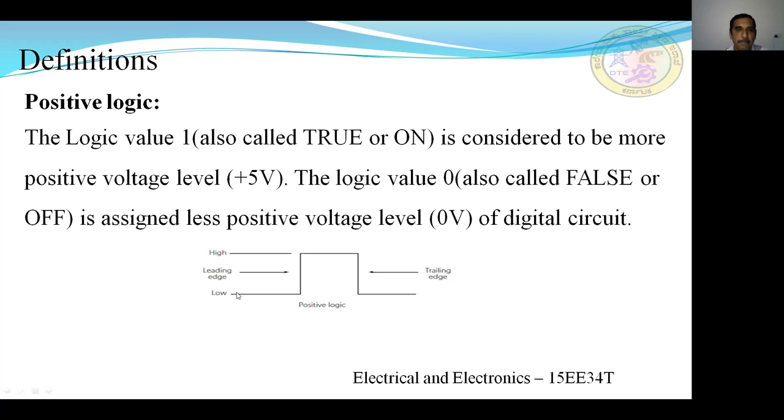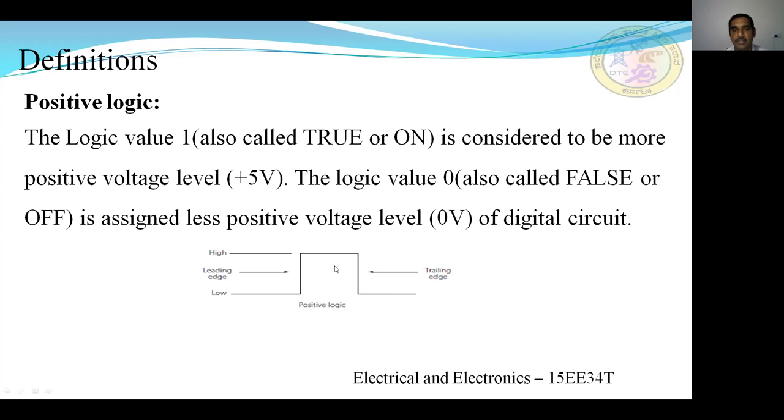See here, this is the low state and this is the high state. This is the leading edge and this is the trailing edge or falling edge. This plus 5 volts, we can call it logic value 1 or true or on. All these things are the same. Similarly, logic value 0 means false, the off condition.